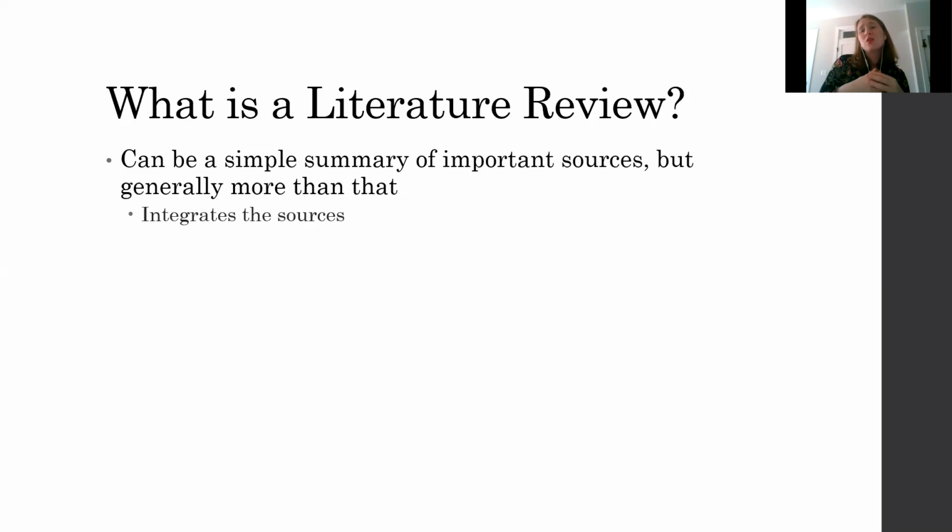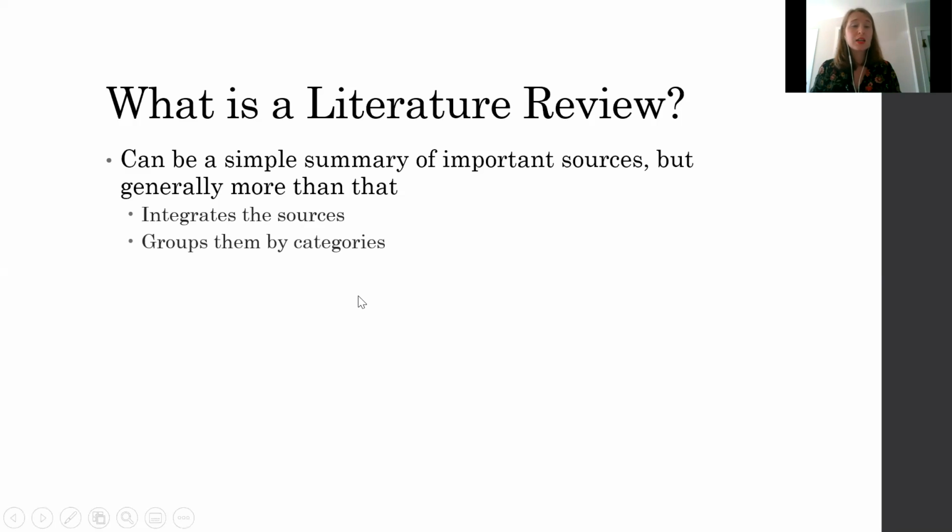So you might say sources A and B agree with each other on this idea, but sources B and C go on to say something else. In that way, you're not necessarily talking about one source at a time, but instead you're integrating them so that it reads as one coherent paper that flows rather than a list of summaries.